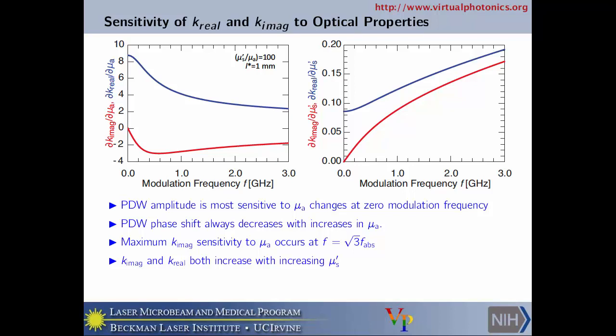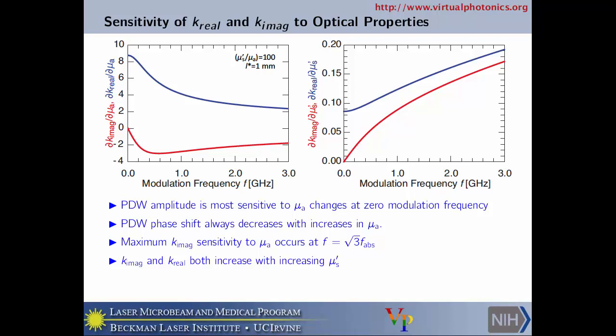Okay? So clearly, if you look at just the intensity of your photon density wave, you're most sensitive to absorption through the amplitude at low modulation frequencies. With respect to phase accumulation, you're not sensitive to scattering through phase at low frequencies, but you're very sensitive to scattering at low modulation frequencies through the amplitude.